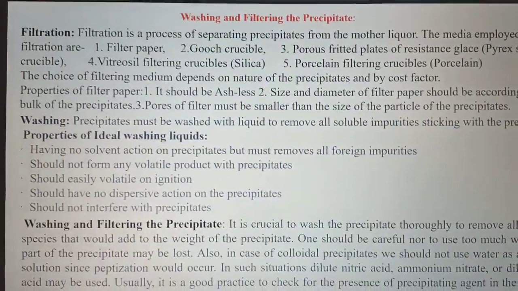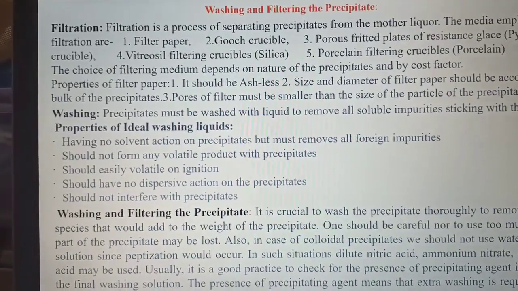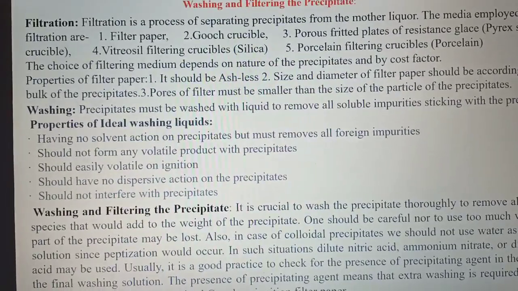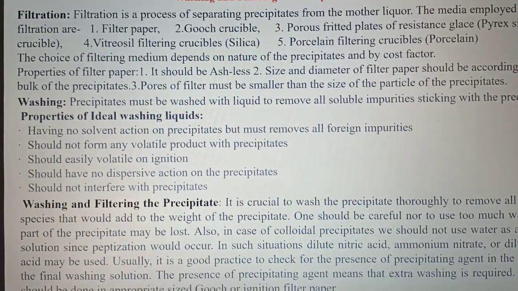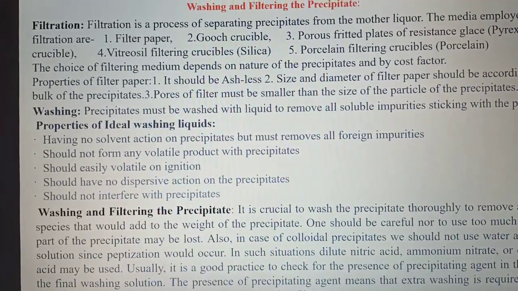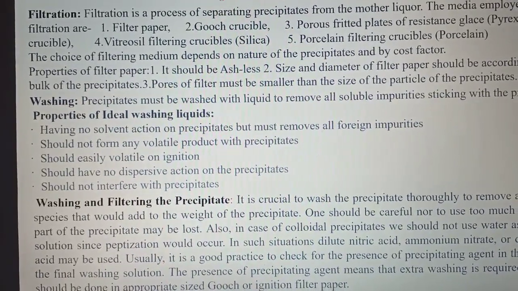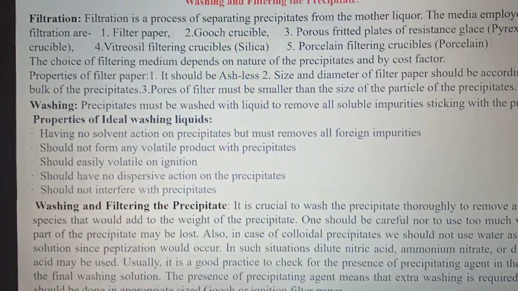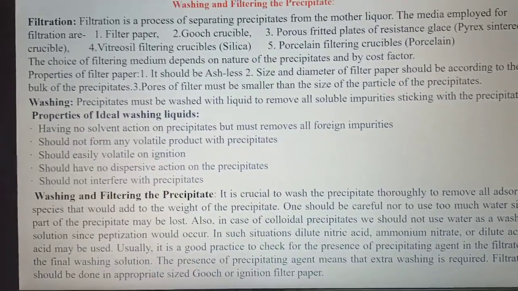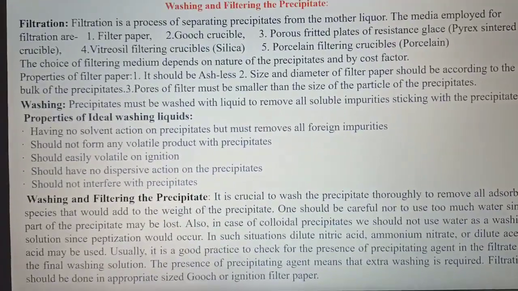The next process involved is washing and filtering the precipitate. To perform the filtration, we need a specific filter paper which has high precision. That means the filter paper must have a high mesh size, and generally filter paper number 41 is used for the filtration of calcium, iron or aluminum in regular practicals.